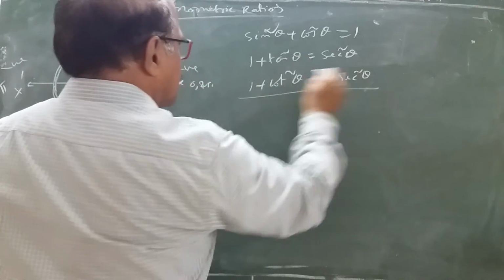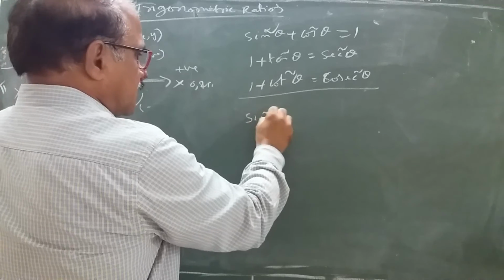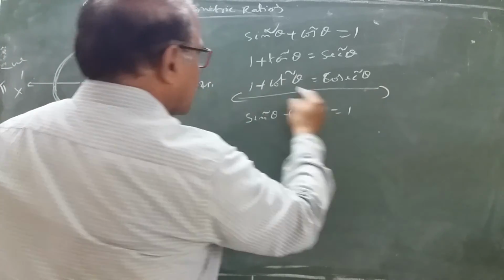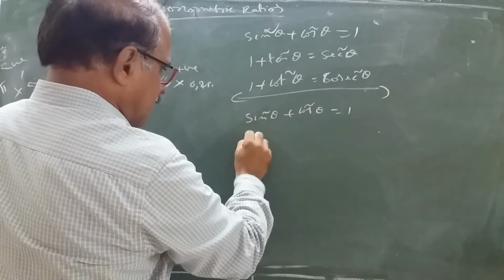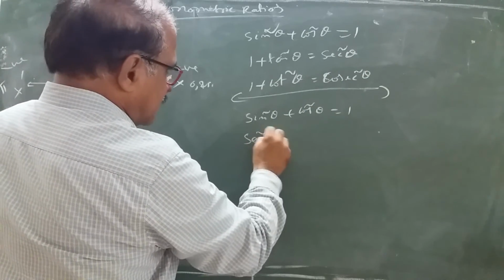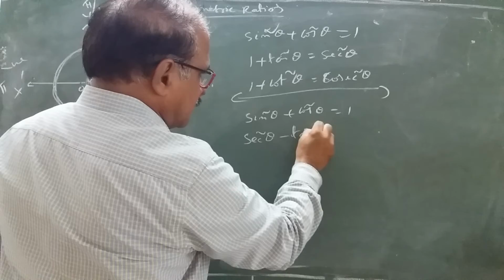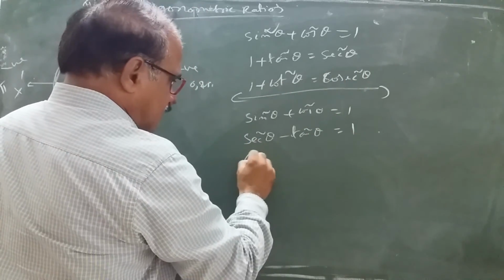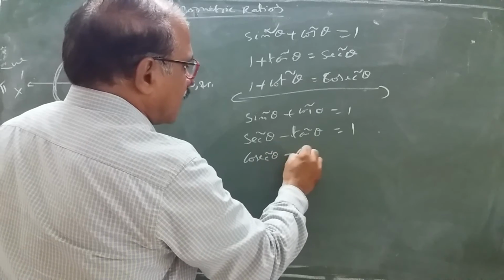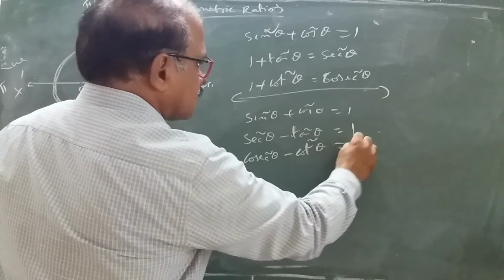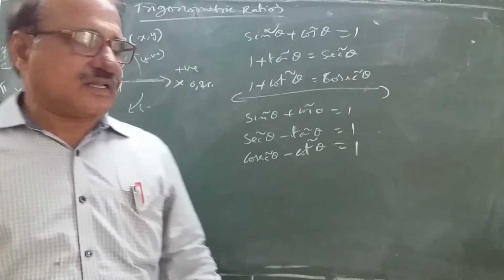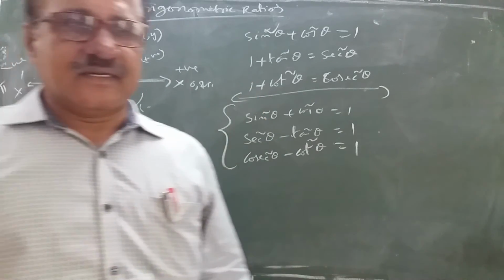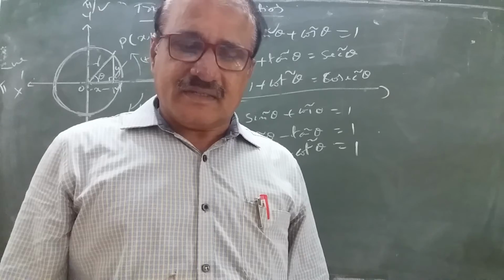In other words, if we bring it to the right side, secant square theta minus tan square theta is equal to 1, and cosecant square theta minus cot square theta is equal to 1. These are the main three identities in our trigonometric ratios.